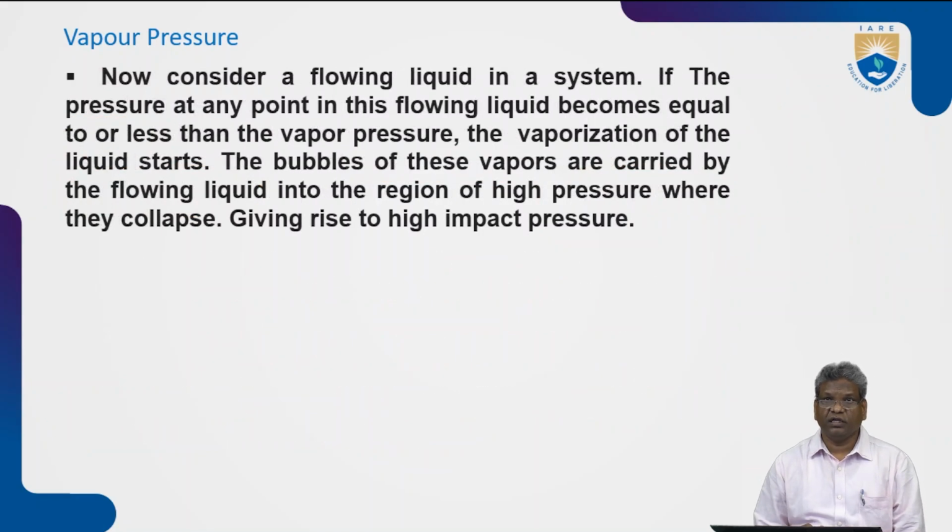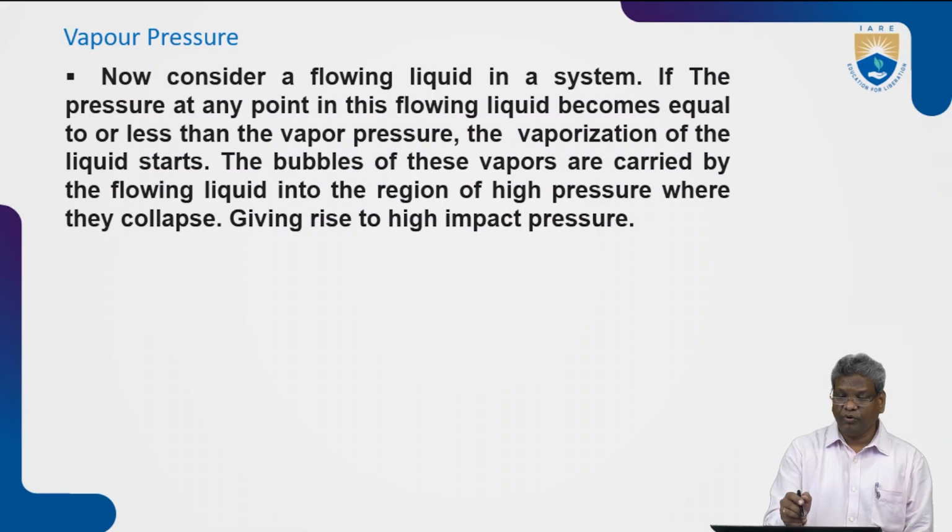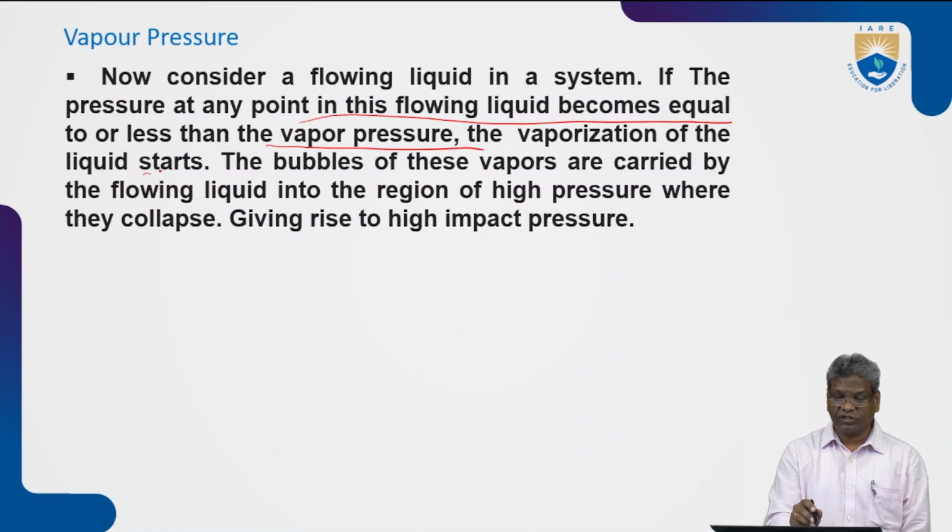Now consider a flowing liquid in a system. If the pressure at any point in this flowing liquid becomes equal to or less than the vapor pressure, vaporization of the liquid starts. The bubbles of these vapors are carried by the flowing liquid into the region of high pressure where they collapse.